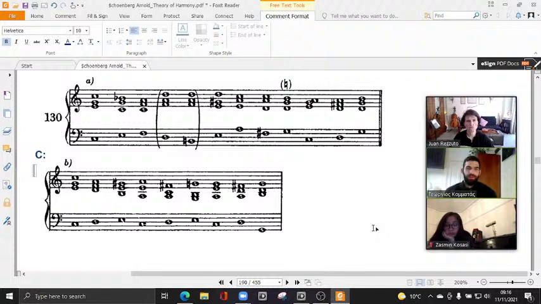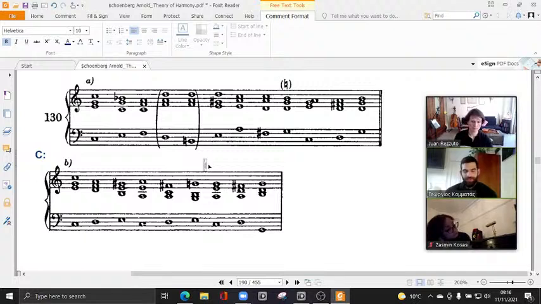It is probably the A minor. 1, 2, 3, 4, 5, 6, 7th chord, A minor, which is the second degree of G major. So we can safely put that here.